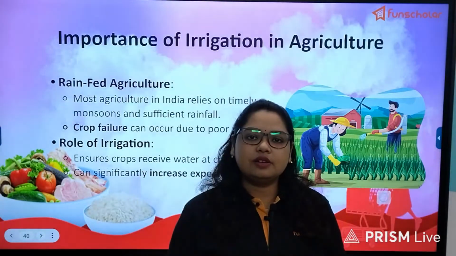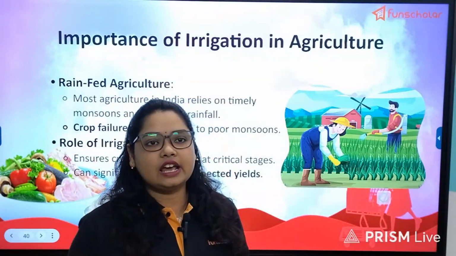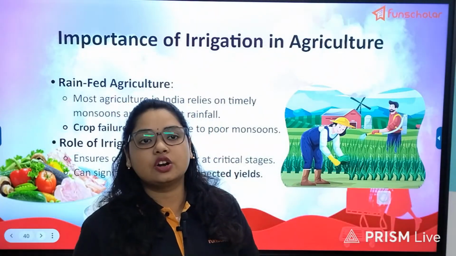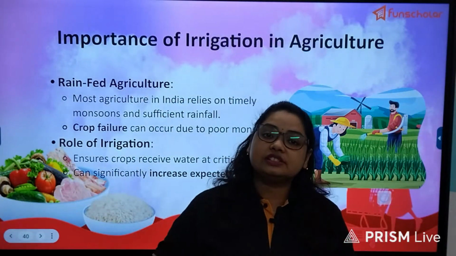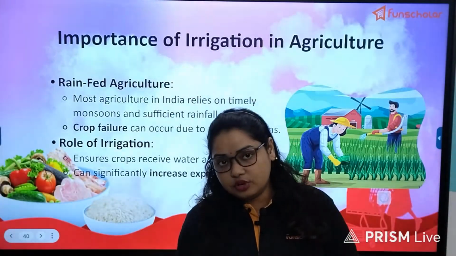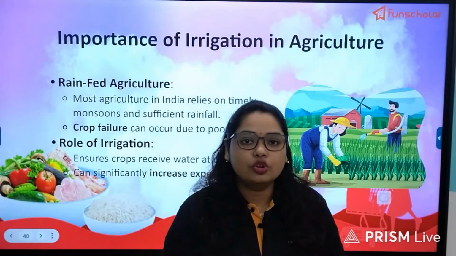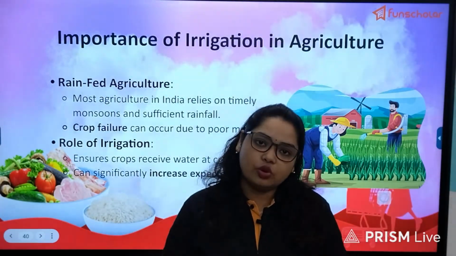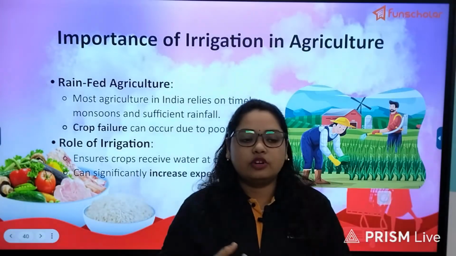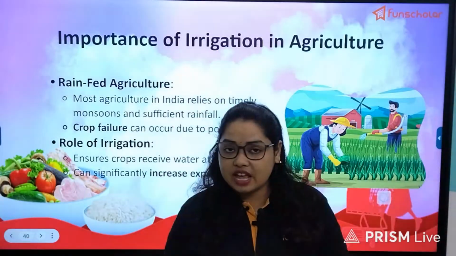If heavy monsoon is faced, then the time is not the correct time when the crops are growing and developing, maybe after the harvest, which is becoming harmful for the growth of the crops. It is leading to the failure of the crops, or the rainfall is more than required, and floods are happening.